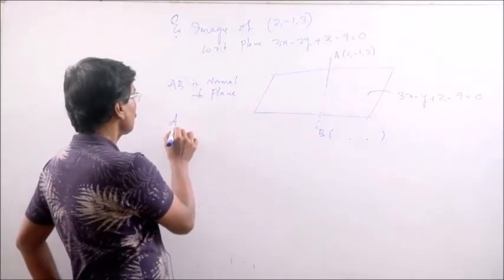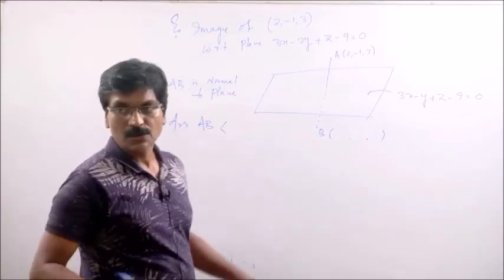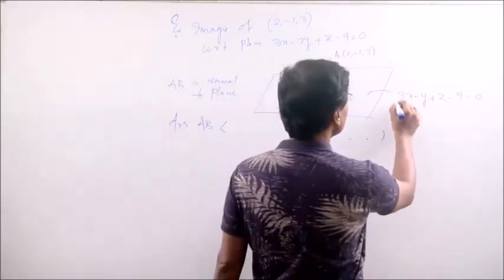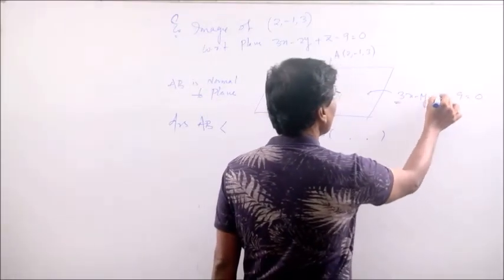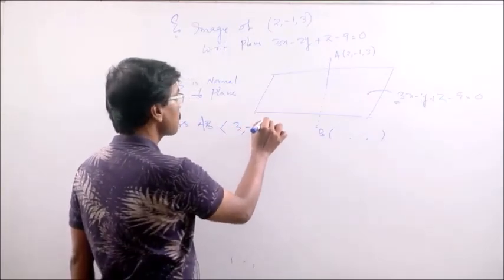So, direction ratios of normal AB is the coefficient of x y z, that is 3 minus 1 1.